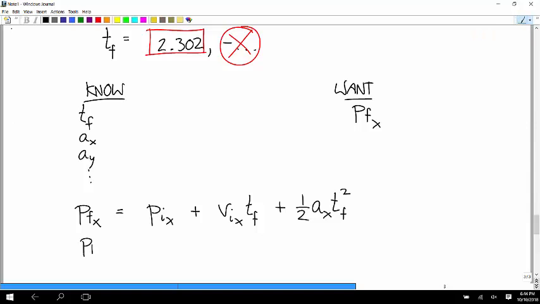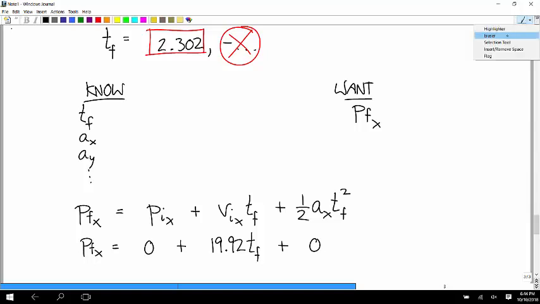So PFX is equal to 0 plus 19.92 TF plus, what's AX? 0, so that term goes away. Oh, and I didn't put in the TF, we know 2.30.